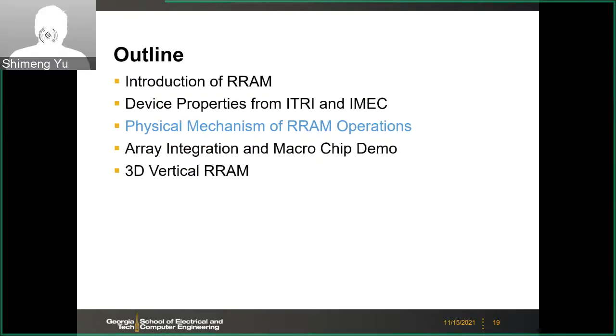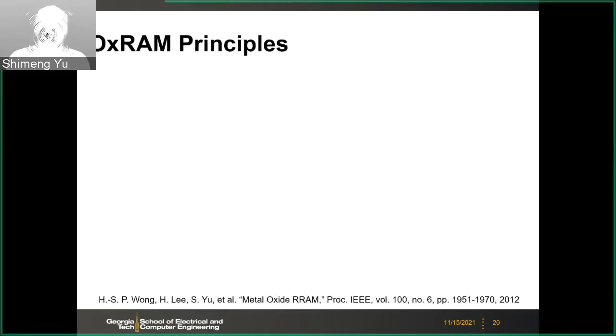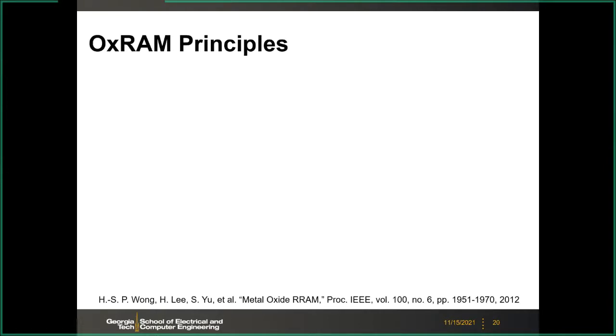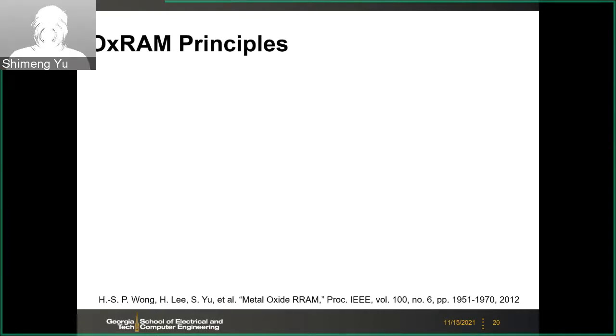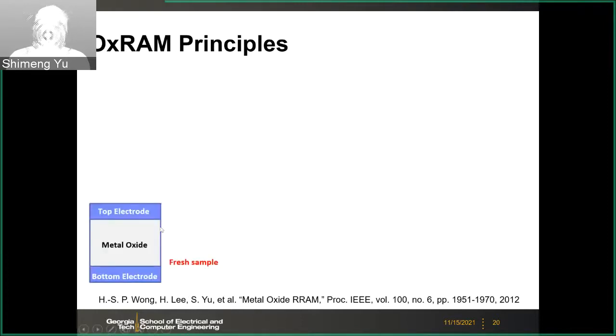Next, we will briefly discuss the physical mechanisms. And this is what we speculated happened in the oxide. So initially you have a fresh sample, so you have this metal oxide, and it's closer to a perfect state with fewer defects.